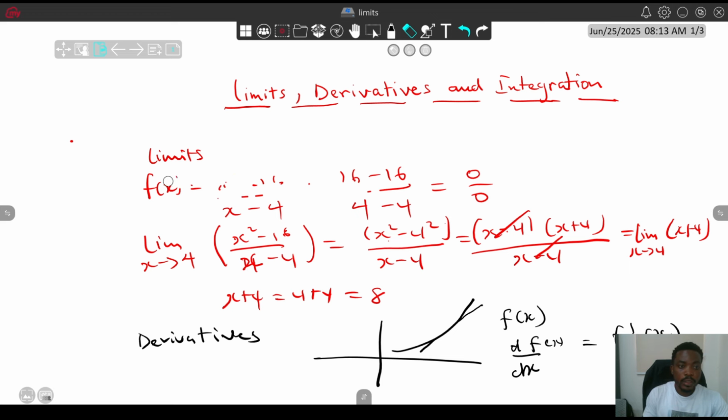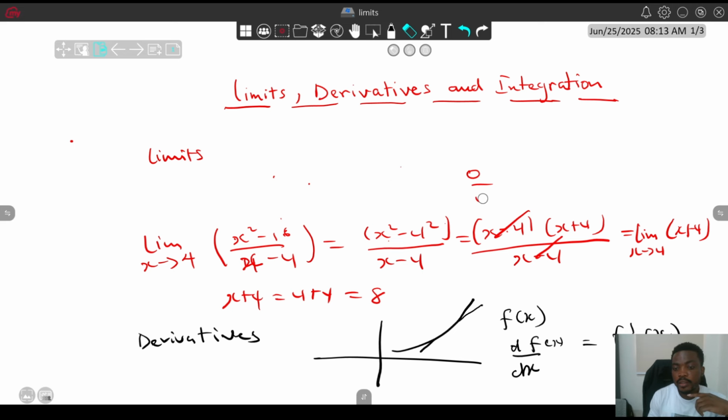Now we talk a bit about integration. Integration is used to find the area under a curve.